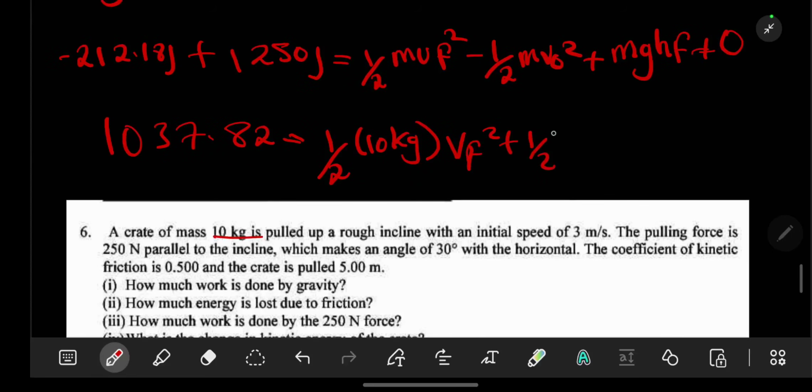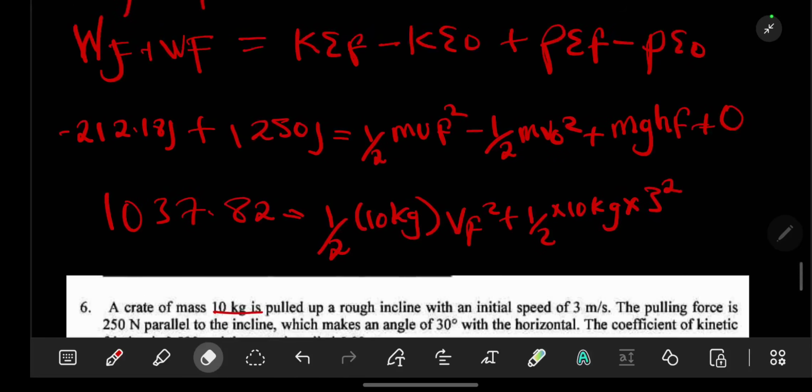Our mass is 10, so we multiply by 10 kg by velocity initial squared, which will be equal to 3 squared. So we are subtracting here. Then we have plus our 10 by the gravity, which is 9.8.